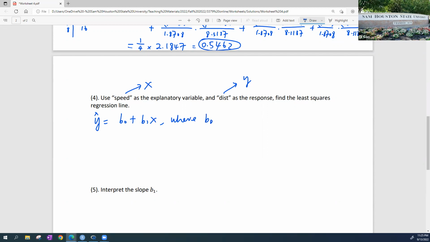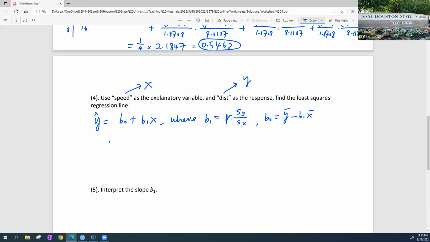we should write down b1 first, which b1 equals r times sy over sx, and b naught is y bar minus b1 x bar.